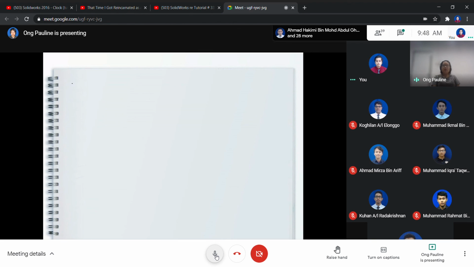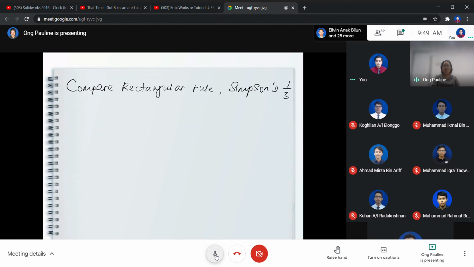So I want to compare the rectangular rule, Simpson's 1/3 rule and Simpson's 3/8 rule.